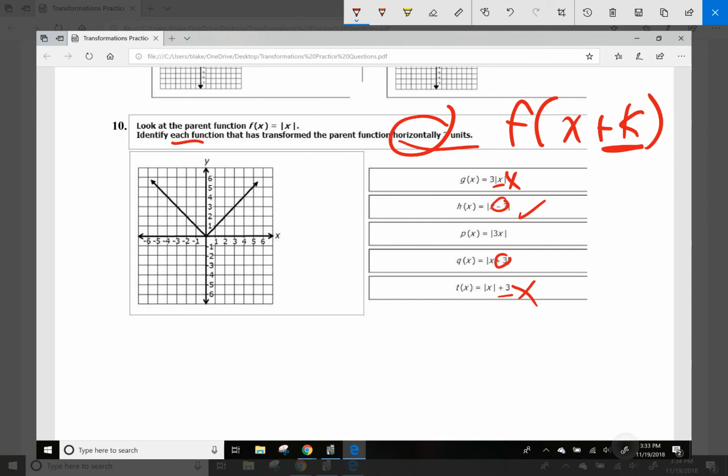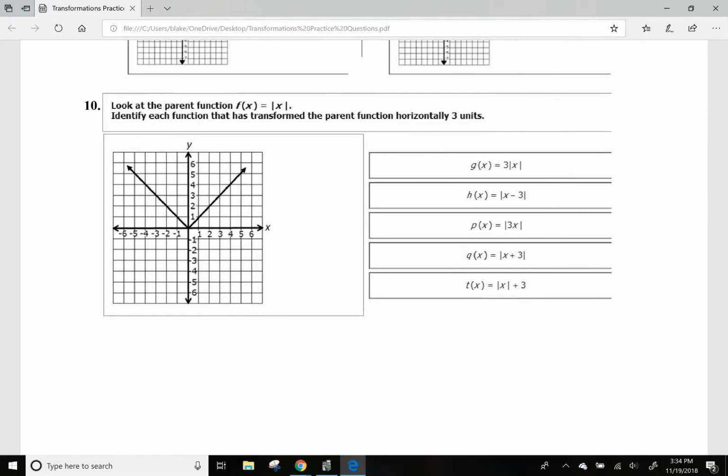The answer is no, it doesn't count. It has to be plus or minus the 3 on the inside, not multiplying by 3 on the inside. So the two options that work for our answers are h of x and q of x, because both of them have a plus 3 or minus 3 on the inside of the absolute value bars.